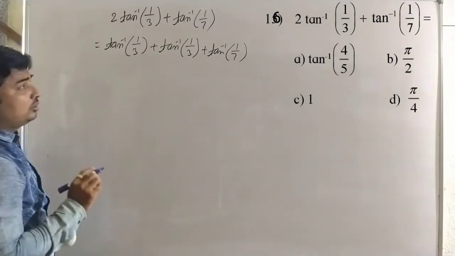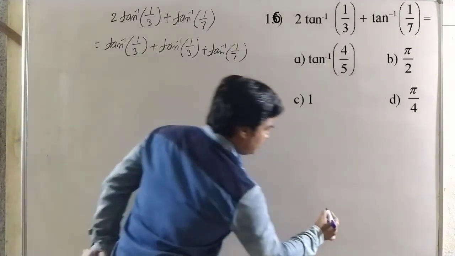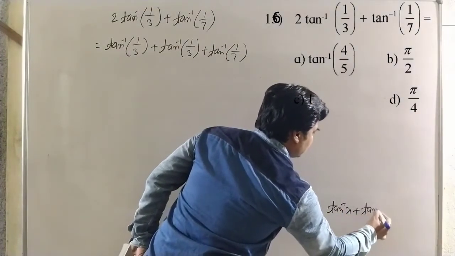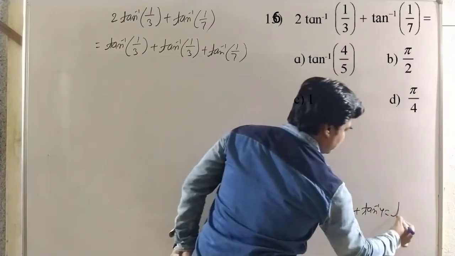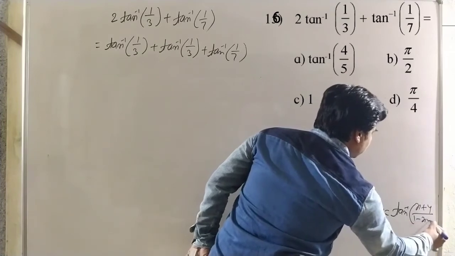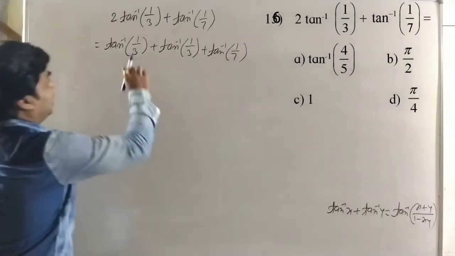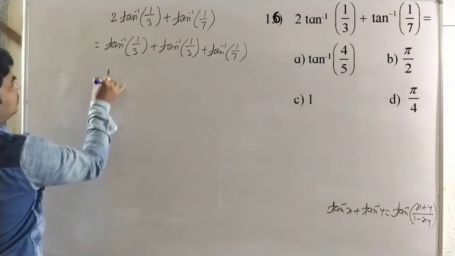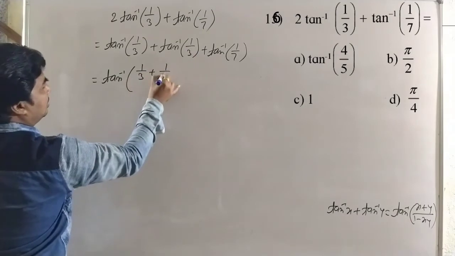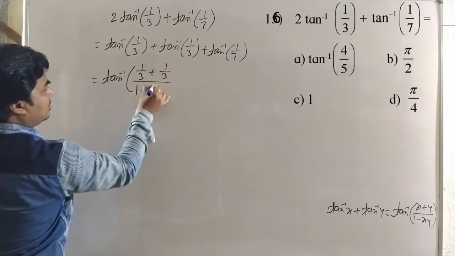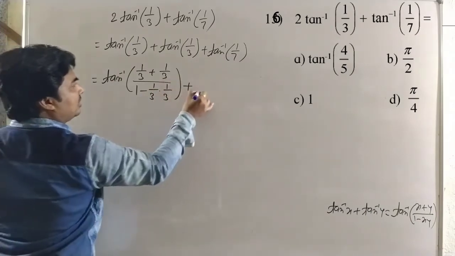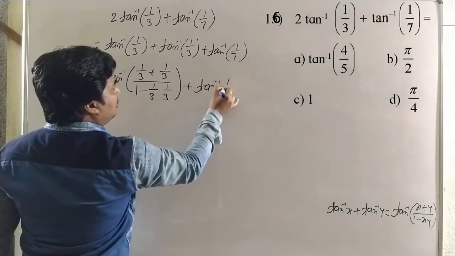And now again we use the formula from the last example: tan inverse x plus tan inverse y is equal to tan inverse of x plus y upon 1 minus x into y. Here it is x and it is y, therefore it is tan inverse of (1 by 3 plus 1 by 3) upon (1 minus 1 by 3 into 1 by 3). See carefully the calculation, and here it is plus tan inverse of 1 by 7.